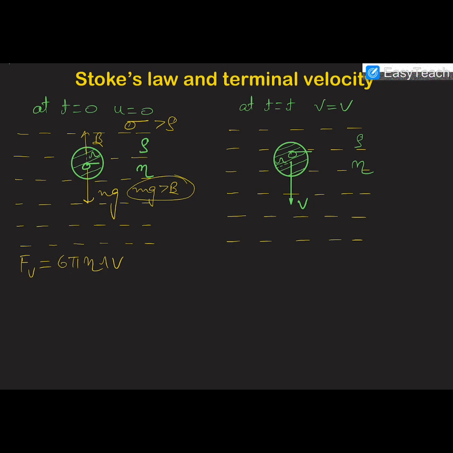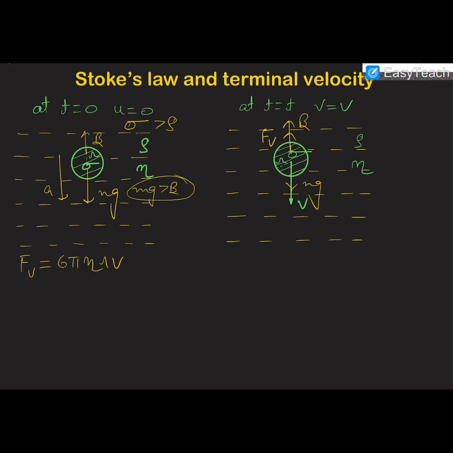So the ball starts to move downward, with acceleration in the downward direction. As the ball moves, mg still acts downward, buoyancy acts upward, and due to the velocity of the ball, the viscous force acts in the upward direction on the ball.